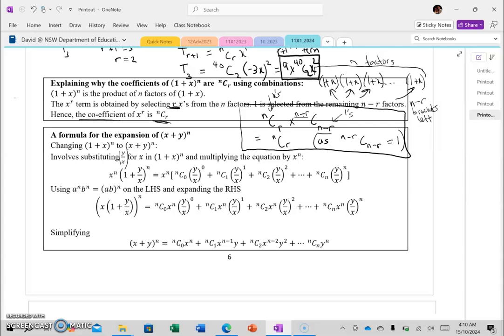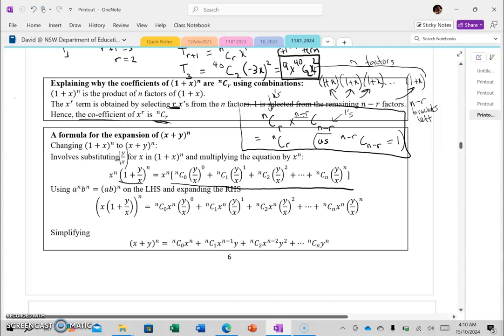So what I'm going to do is I'm going to replace the x in the expansion of 1 plus x to the n by y on x, and then you get this thing here, and then you multiply both sides of the equation by x to the n, and you'll see why in a second, because if you follow through on the left hand side, it ends up becoming x plus y to the n.